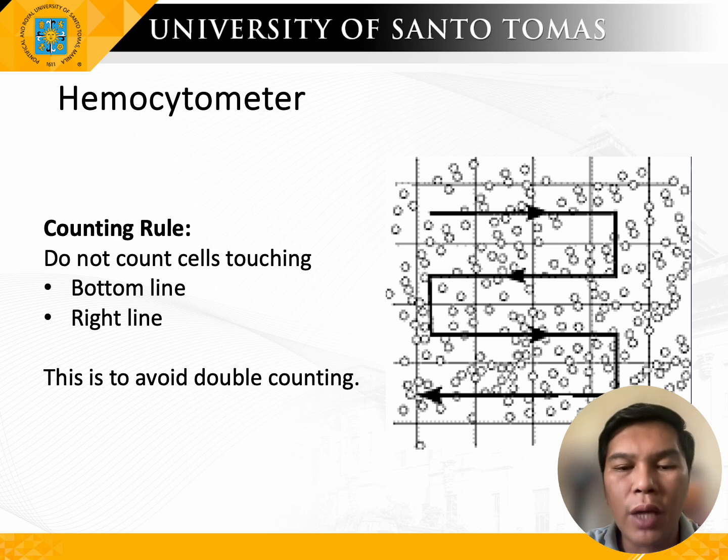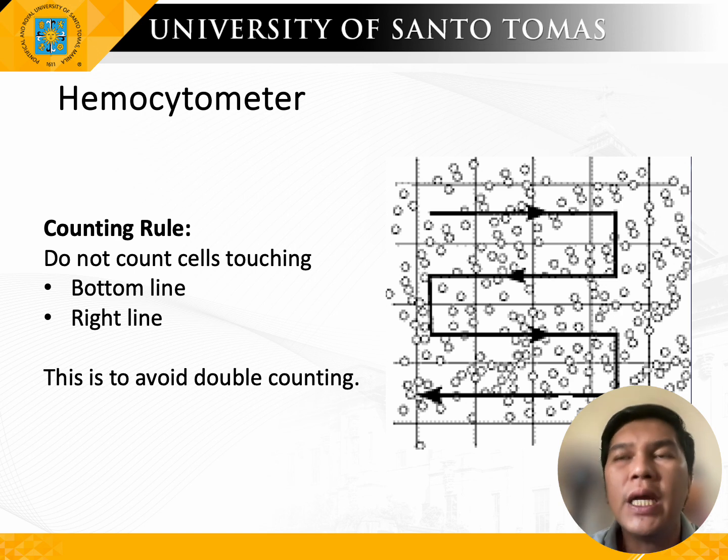Why are you not going to do that? Because your movement is from left to right, correct? Left to right, then going to the bottom, and then right to left, go down, and then left to right, and so on and so forth, until you finish counting the whole quadrant. Now, if you move to the right or the bottom, you might forget that you were able to count the cells already.